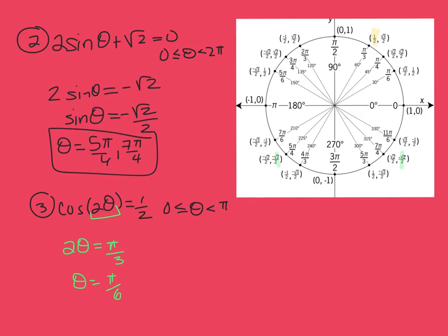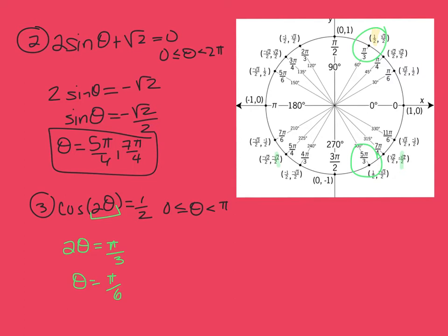I'll show you what I mean if you're a little bit confused about that. So we found right here that our angle was pi over 3. That was the angle where the cosine was equal to 1/2. Cosine is going to be equal to 1/2 also at 5 pi over 3. And you might be thinking, well, 5 pi over 3 isn't in that domain that I gave you.